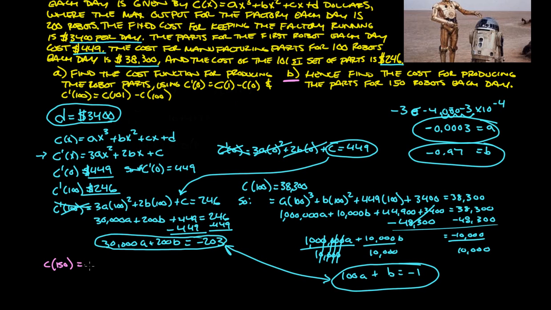We now know that a is negative 0.0003 times 150 cubed, plus negative 0.97 times 150 squared, plus our C is 449 times 150, and then plus our D, which is 3,400. And then we just simply want to solve that right there.